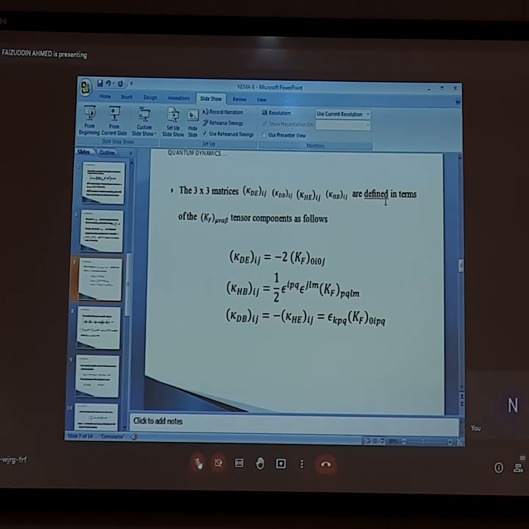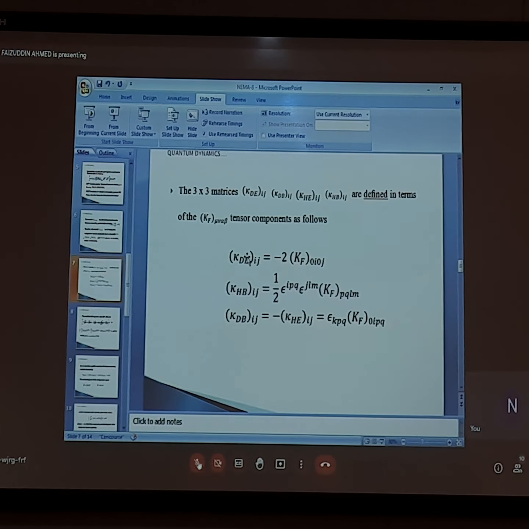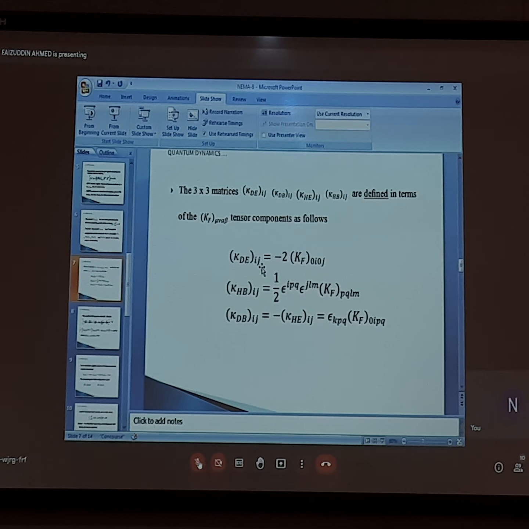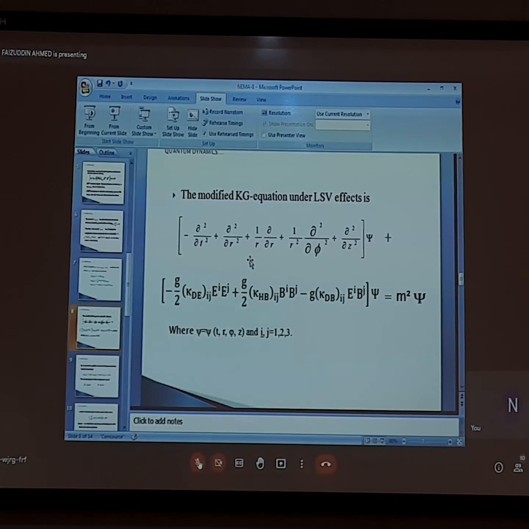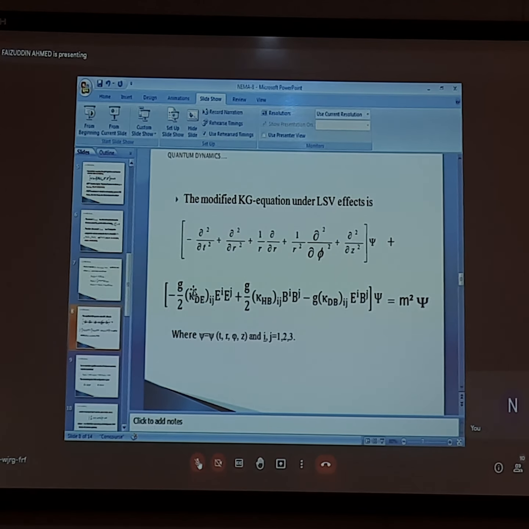These 3x3 matrices are defined in terms of this tensor by this expression, where i, j run from 1, 2, 3, that is, the spatial part. If we substitute this in the Klein-Gordon equation, then one can find the Klein-Gordon equation in this form in Minkowski flat spacetime.